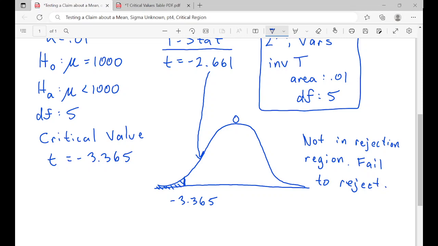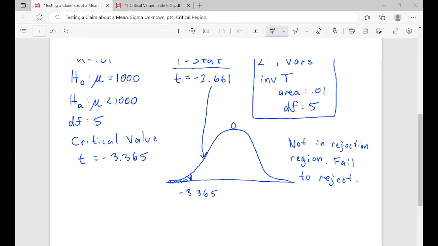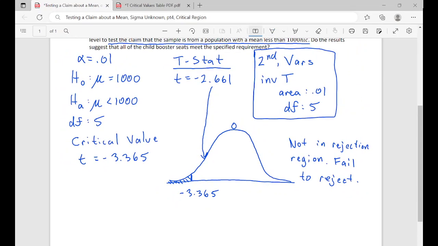Now we've said we're going to fail to reject, which means we still have to state our result and answer any questions given to us. So let me zoom out a little bit, and I'm going to start typing in our answer.